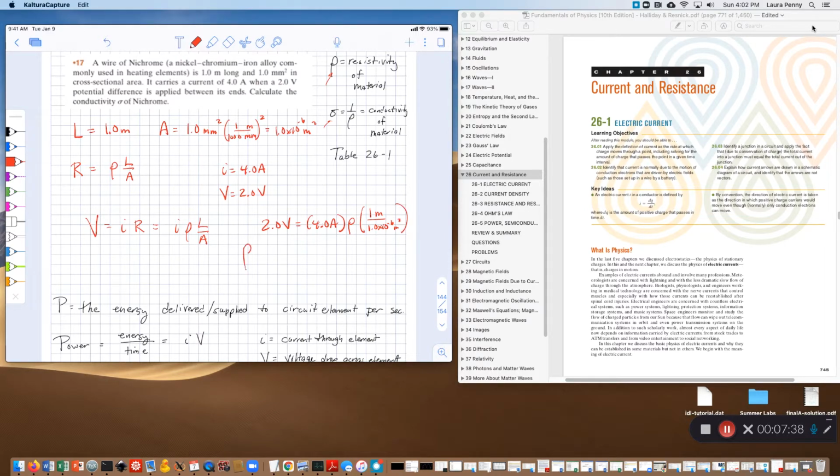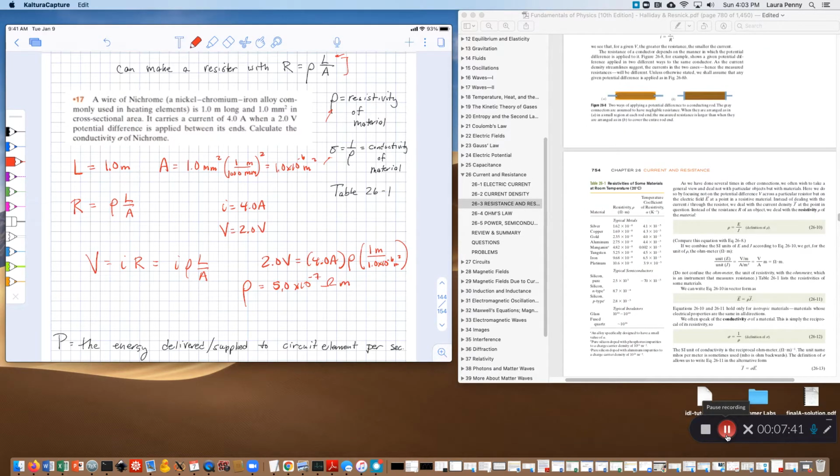And I can get rho from that. Let me come back. All right, so when I do that calculation, I get the resistivity is 5.0 times 10 to the negative 7 ohm meters.